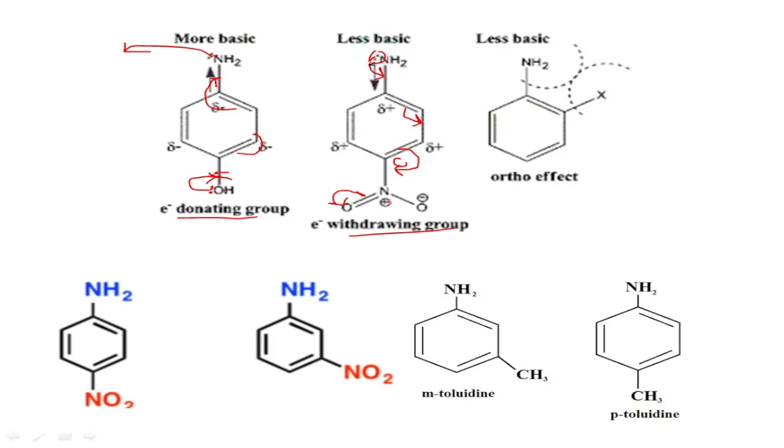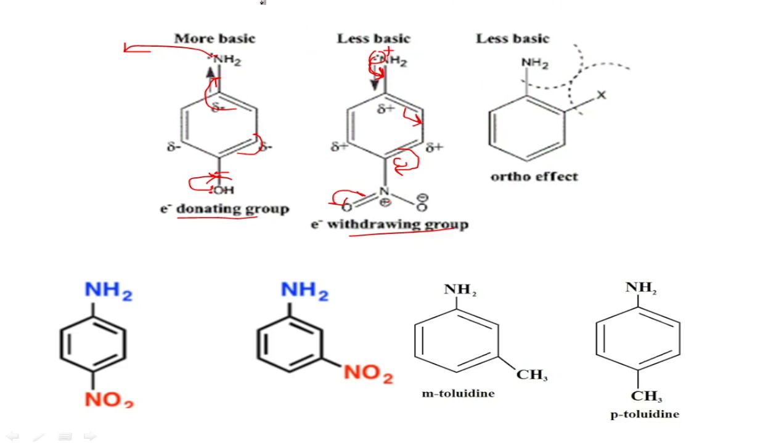It undergoes resonance with the ring, becomes less available, and nitrogen gains a positive charge. Because of that, the basicity decreases.